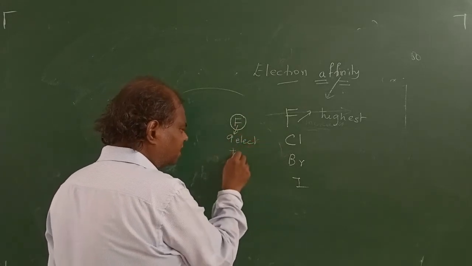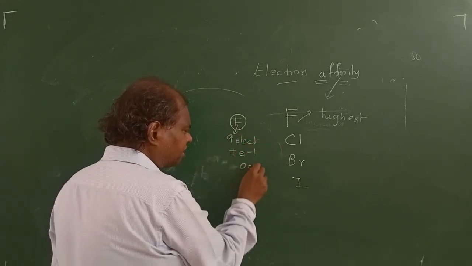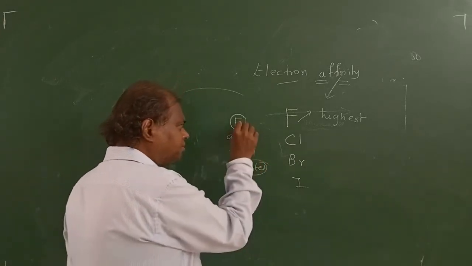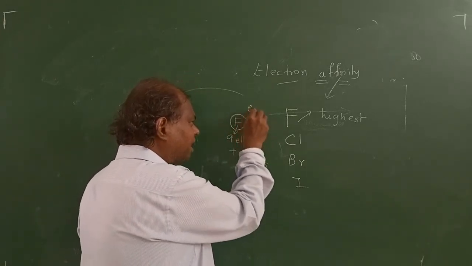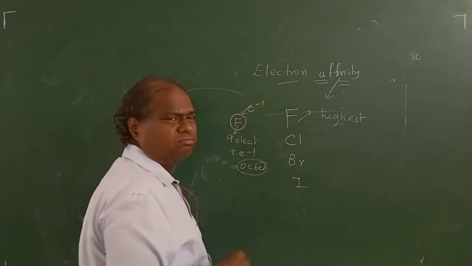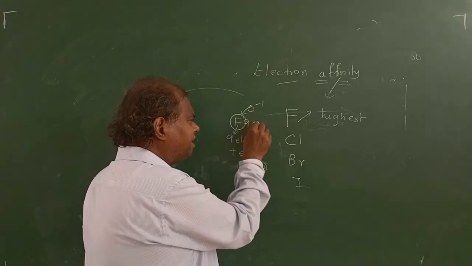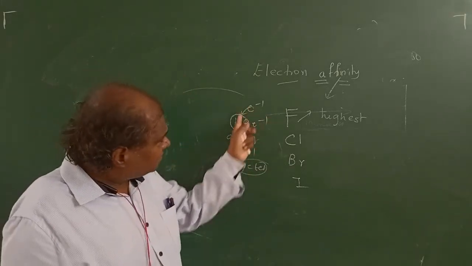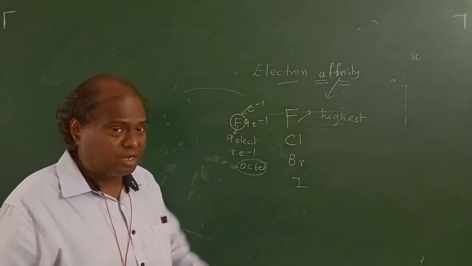If you add one electron, it will complete its octet. But the problem is, because of the small size, if you add one extra electron, there will be a lot of repulsion. Already there are 9 electrons, and now you are adding the 10th electron. Listen to this point very carefully.